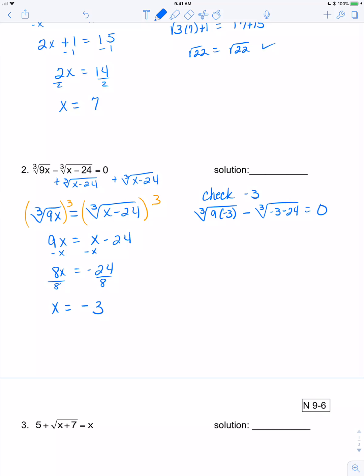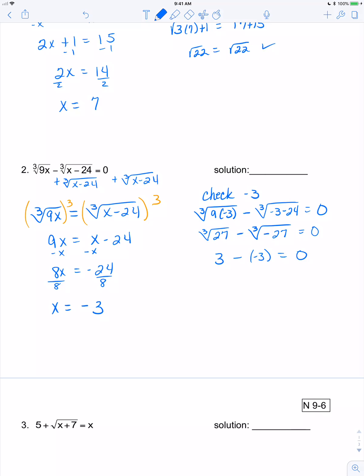Well, 9 times negative 3 is negative 27, so we've got the cube root of negative 27 minus the cube root of negative 3 minus 24 is negative 27. Is that equal to 0? Well, the cube root of negative 27 is negative 3 minus the cube root of negative 27 is a negative 3.